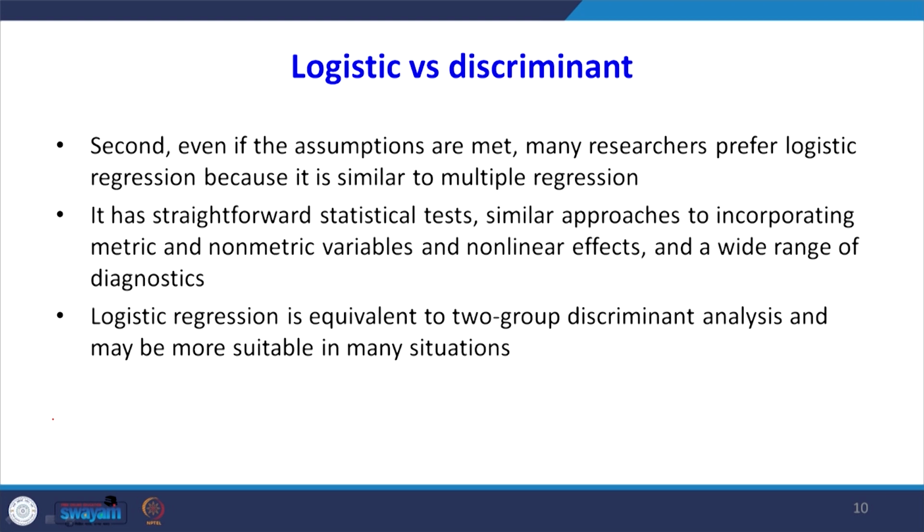Many possibilities to interpret the result. It has straightforward statistical tests, similar approaches to incorporating metric and non-metric variables and nonlinear effects, and a wide range of diagnostics. Logistic regression is equivalent to 2 group discriminant analysis, this is the point which I am trying to say, though 2 group discriminant analysis may be more suitable in many situations.